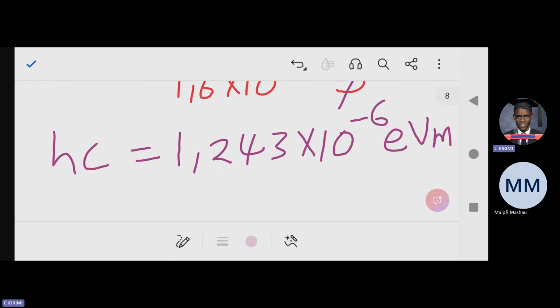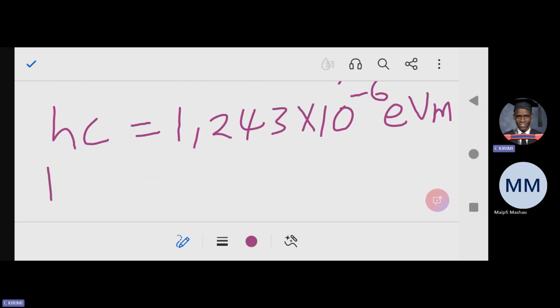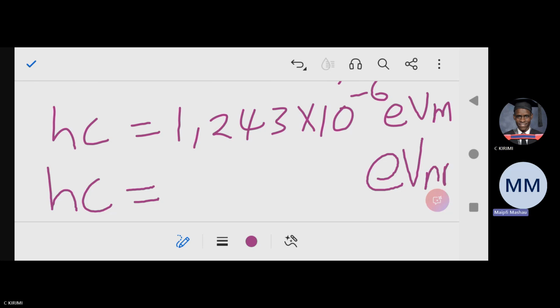Now convert this to nanometers. So hc in nanometers, how many? We want to use electron volt nanometers. What do I do to this to put it in nanometers? Do I have to divide by what? Nanometers.